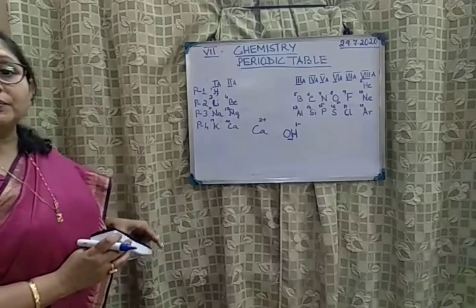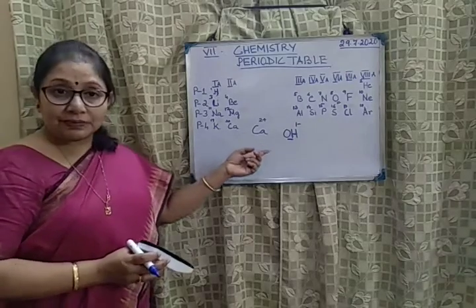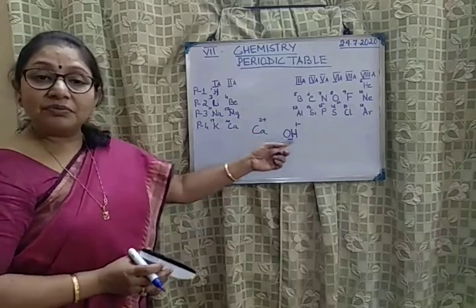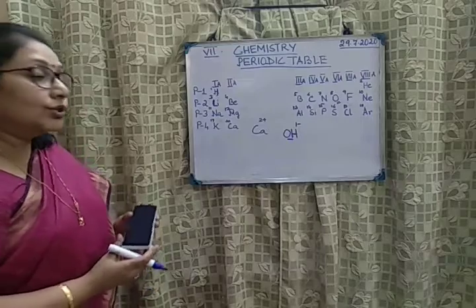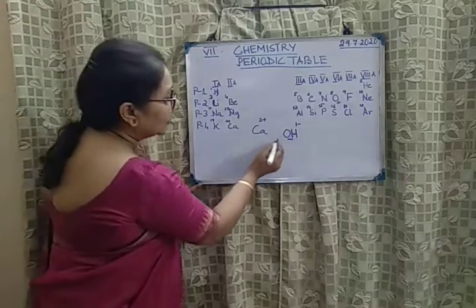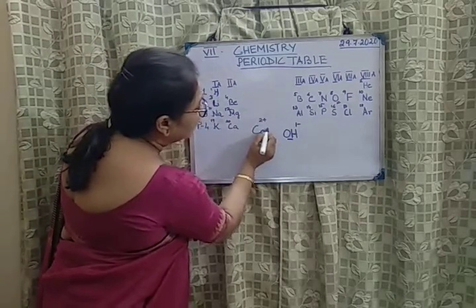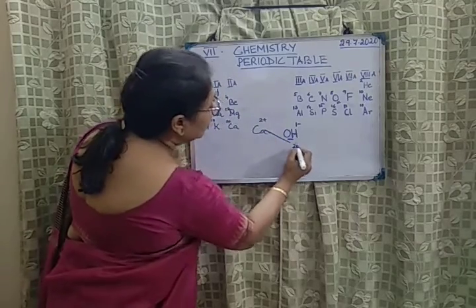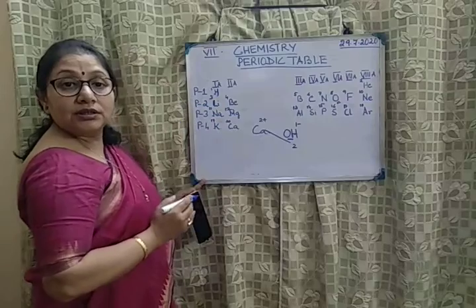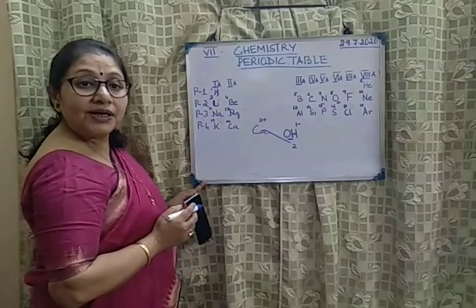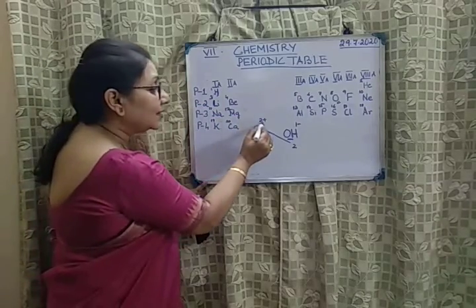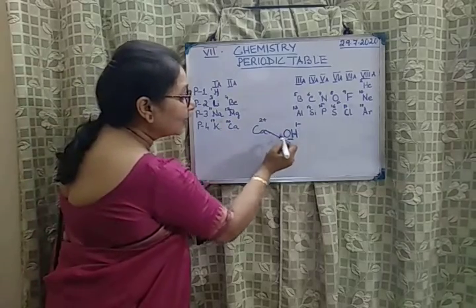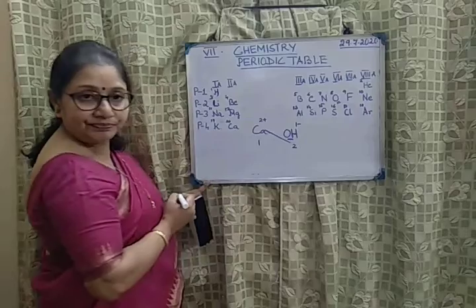So how to form the formula of a compound? Write the formula of a compound where we have calcium and hydroxide radicals. So what do we do? By this crisscross method or by interchanging, you'll find 2 of calcium comes here. We do not consider the charges, we simply ignore the charges, but we have to write them because that is the valency of each element, and 1 from hydroxide comes down here.